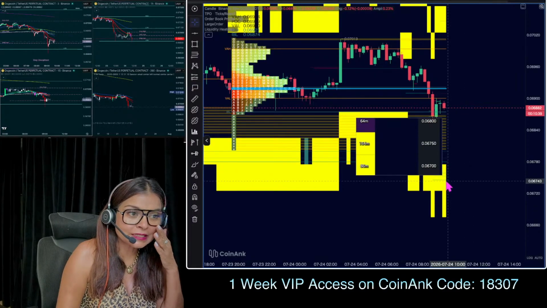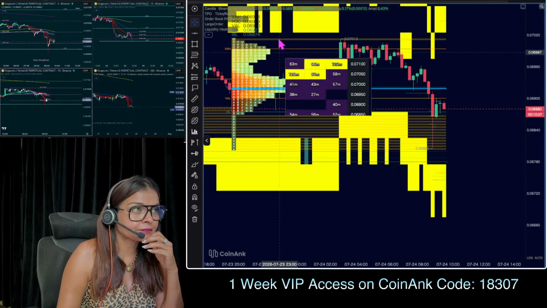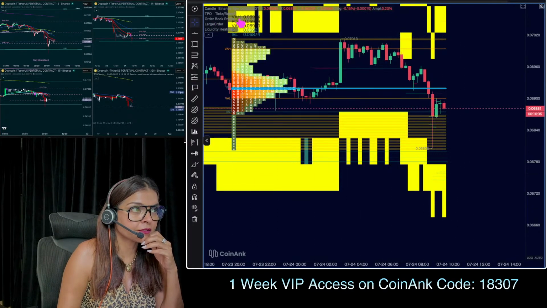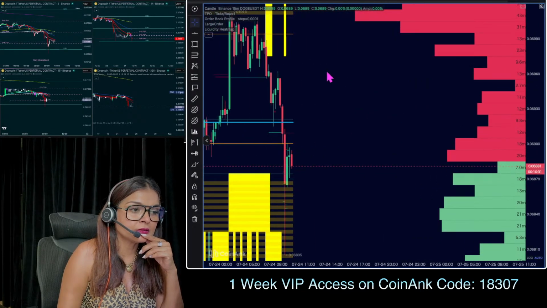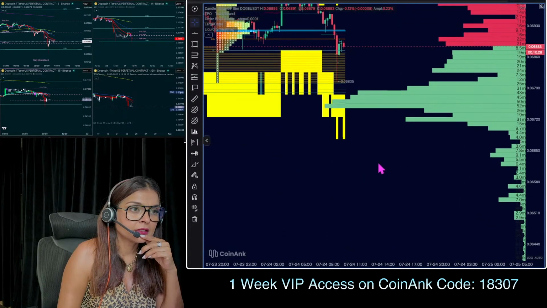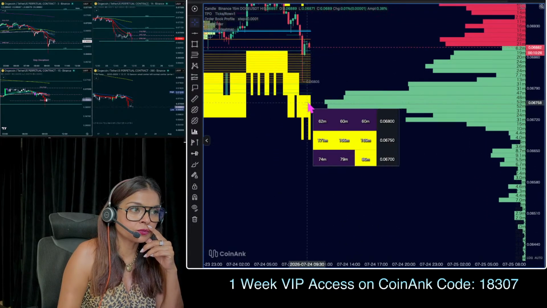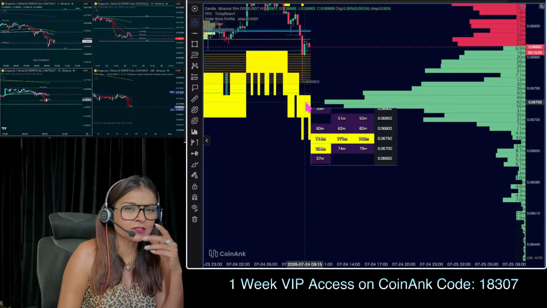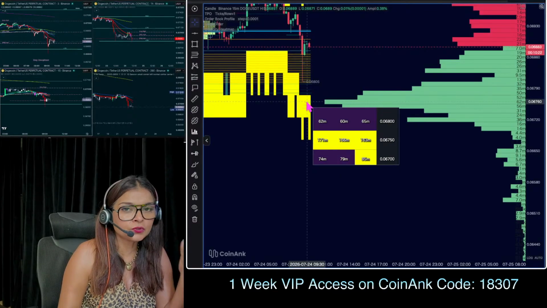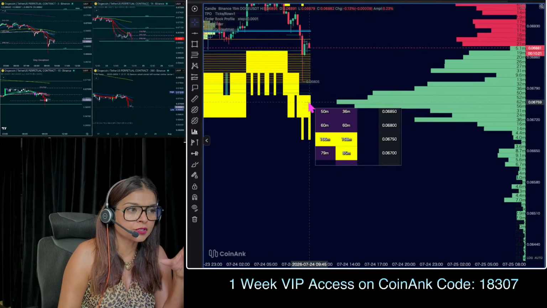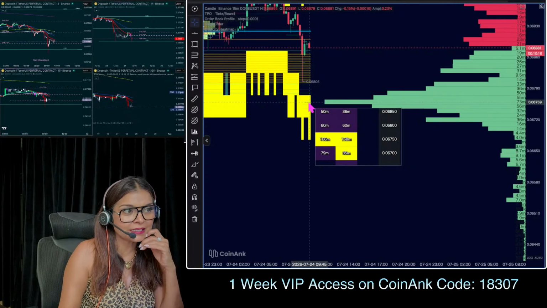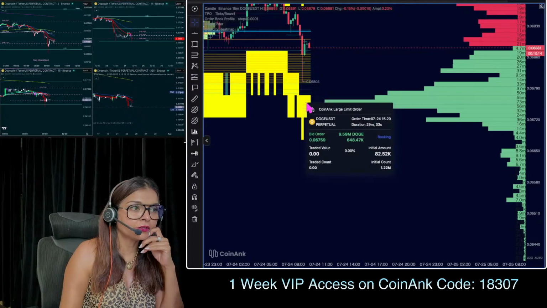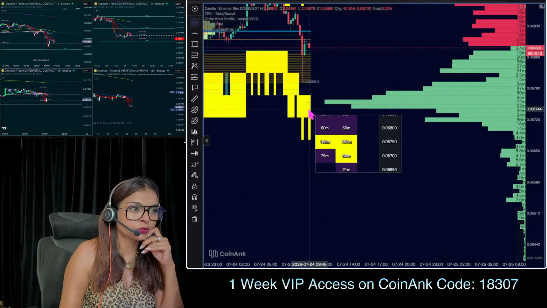Order book profile as well. So what you can see here is all of these orders. Large orders, because Doge is an older token, so you do see a lot of the large orders on the order book, whereas with other newer tokens you don't see that. So over here, you can see the large orders that are waiting.